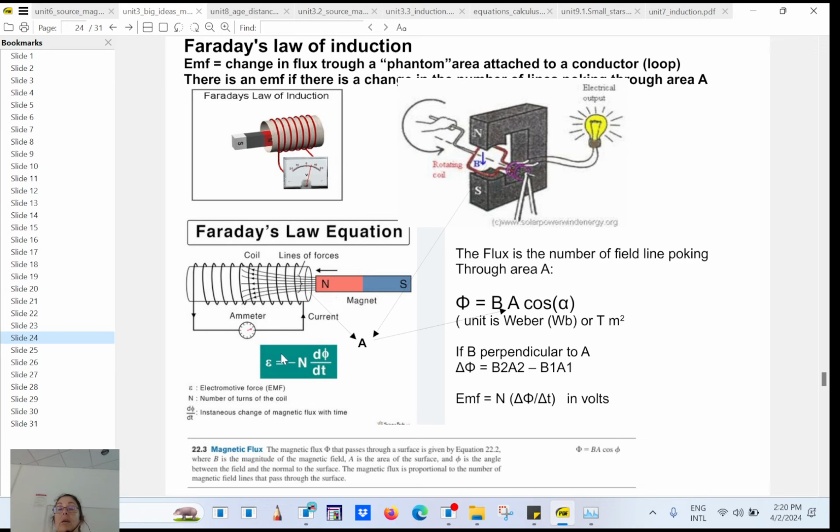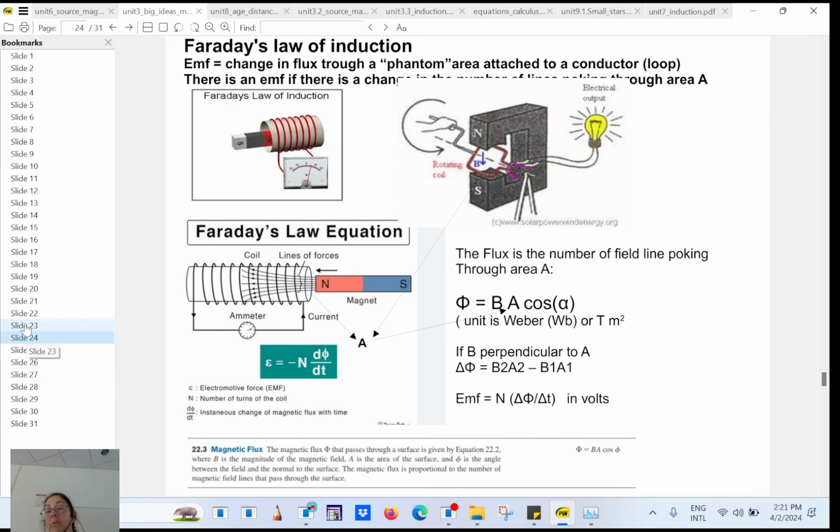Because of that, you're going to have an induced EMF. Okay? That's one way to do it. And we already worked with that equation here. The change in flux will be equal to B, the magnetic field after, times area after, minus magnetic field before times area before. So we already talked about it. The unit will be volt. Is that clear so far?